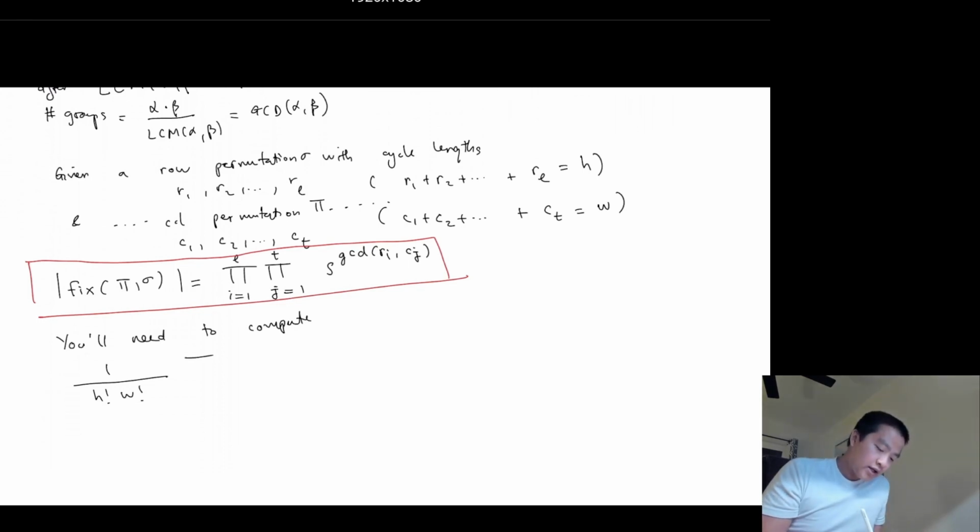Then you want to sum over all possible sigma and pi, where sigma is the permutation of rows and pi is the permutation of columns, and then you want to do the following.